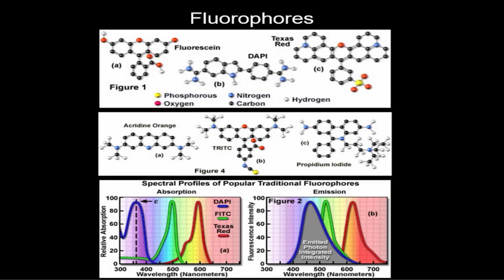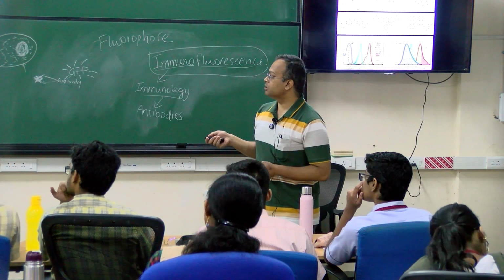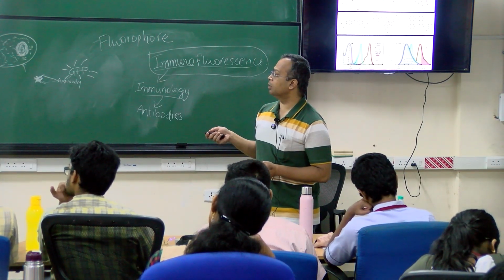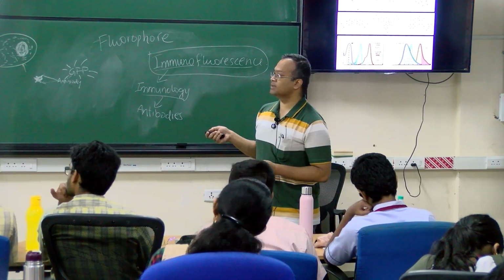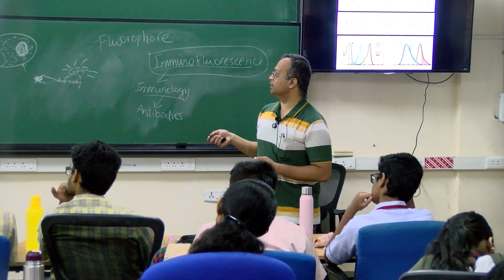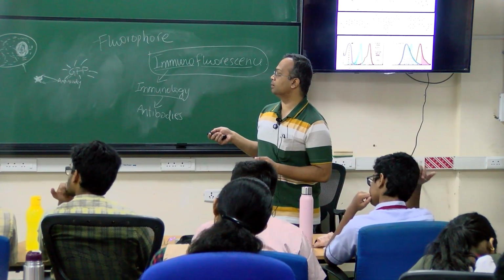For example, DAPI. You can see this purple line is the DAPI. If you shine light of around 360 nanometers on DAPI, then DAPI gets excited, and it releases energy in the 400 nanometer range.